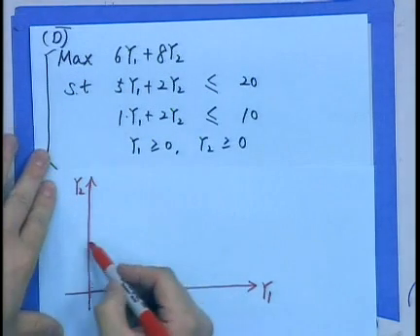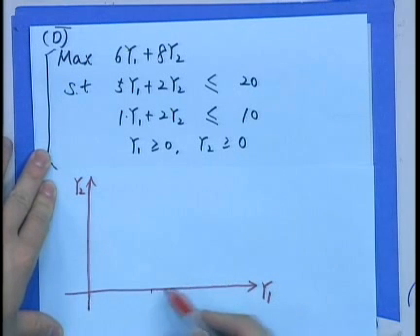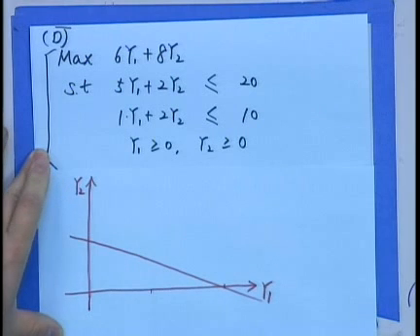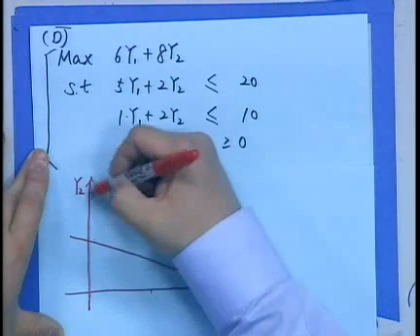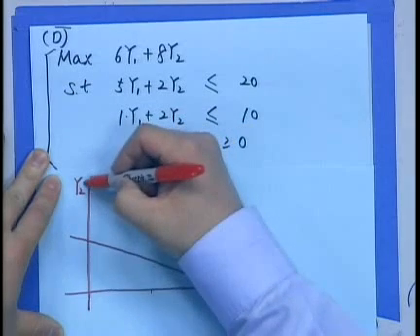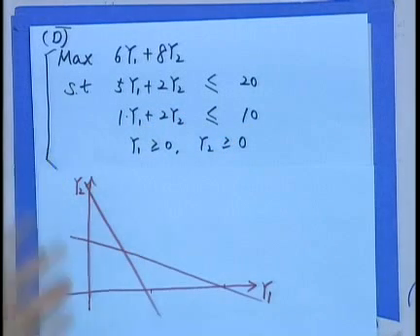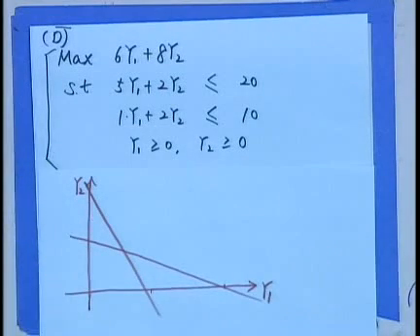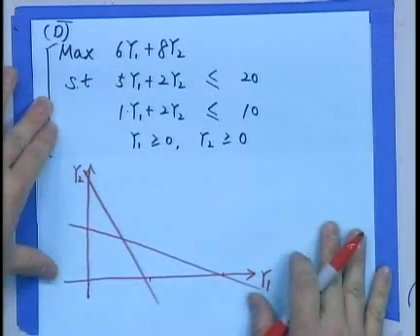So it's like 5, 10, and something like 4 and 10. Those are two constraints. Okay.